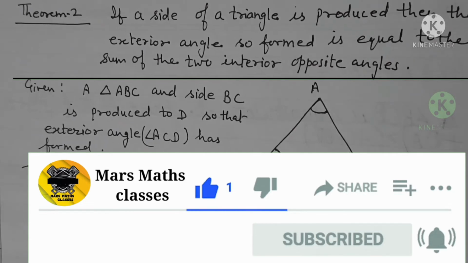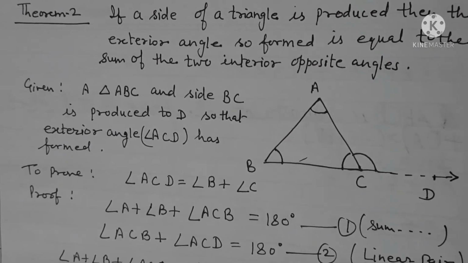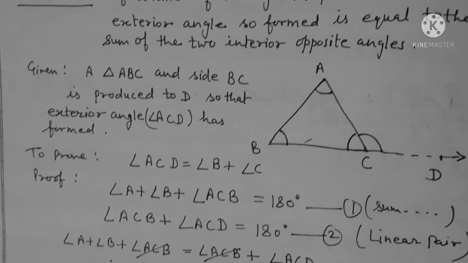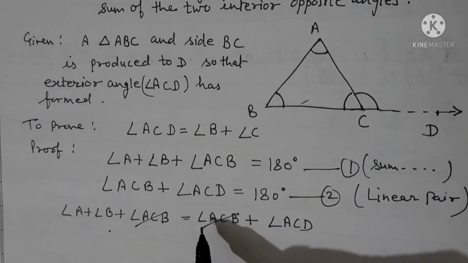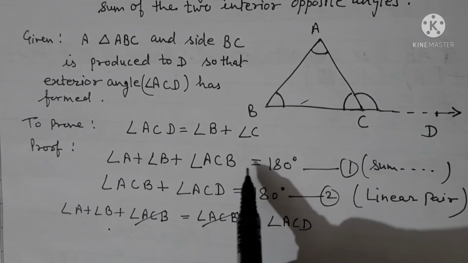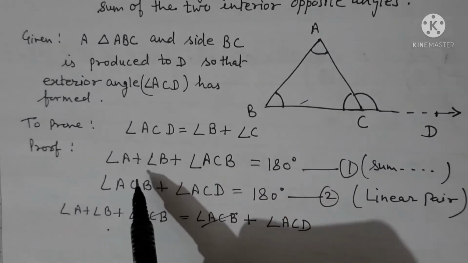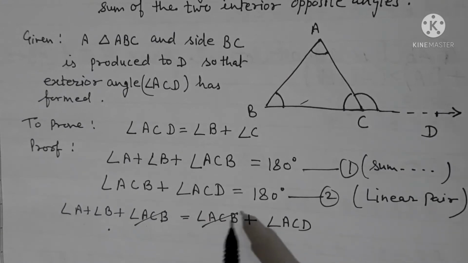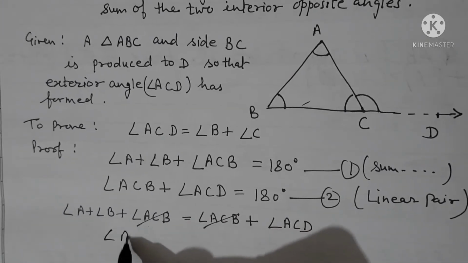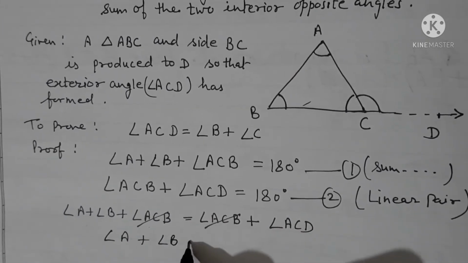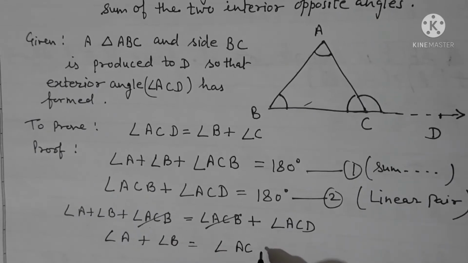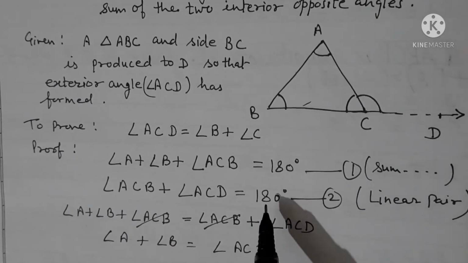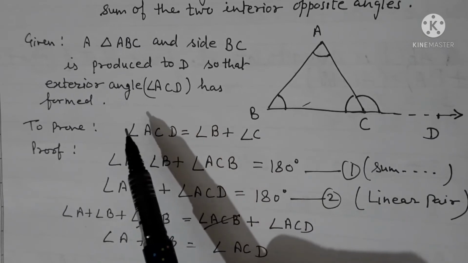Now cut it because both are same. So you get, look again, both are 180 degrees, so put equal these two and cut it. Now you will get angle A plus angle B is equal to angle ACD. This we have to prove.